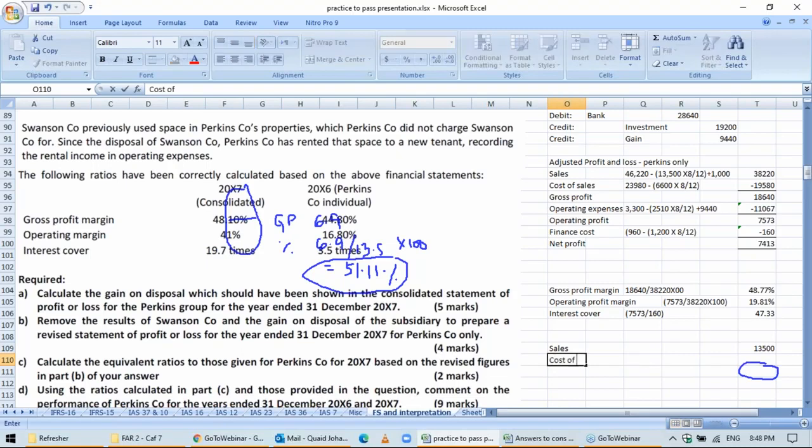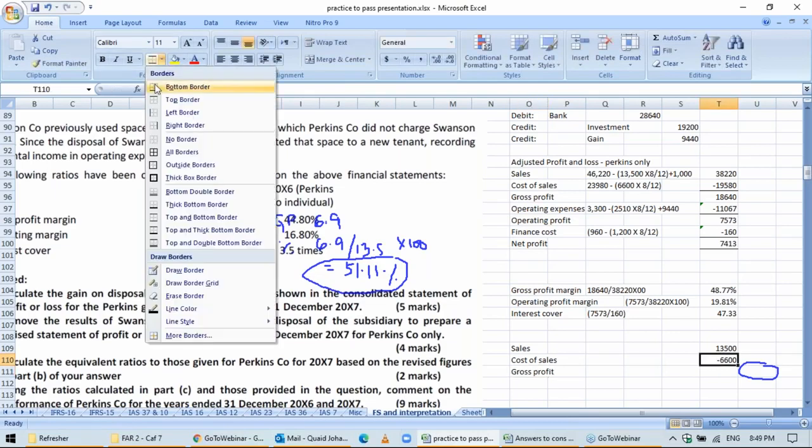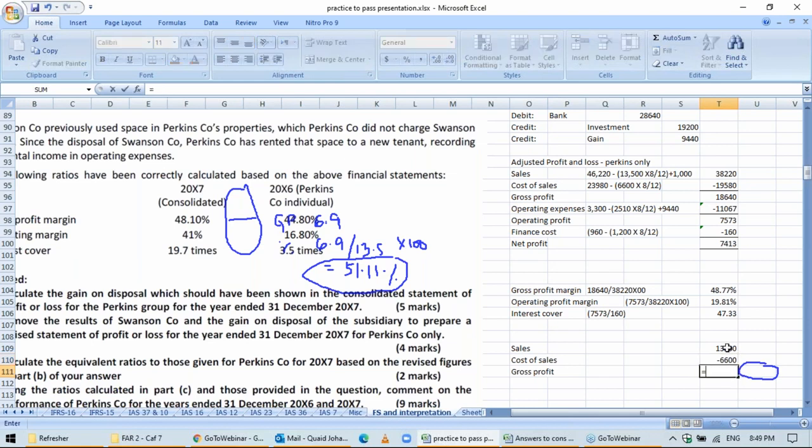Its cost of sales was, its gross profit was, its operating expenses were 2,510, and its operating profits were 2.